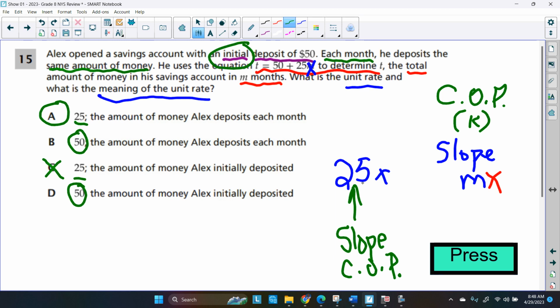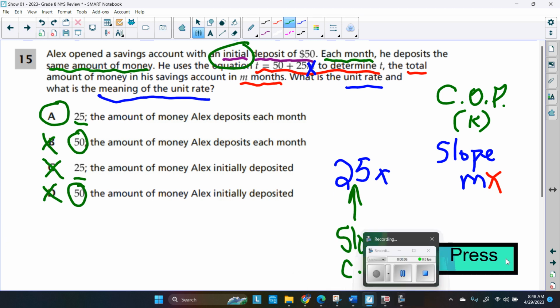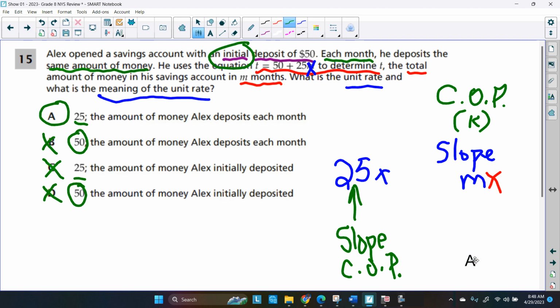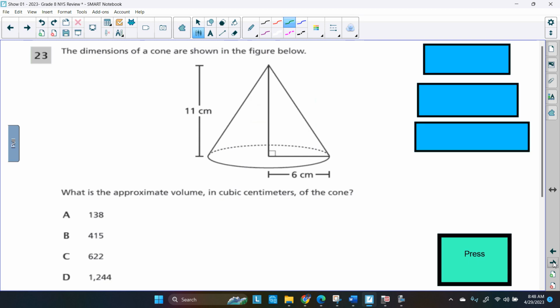So B and D are also wrong. So A is the correct answer. Man, that's really good. They're making you learn that vocabulary. So the choice A is the best one to pick. Really good question.